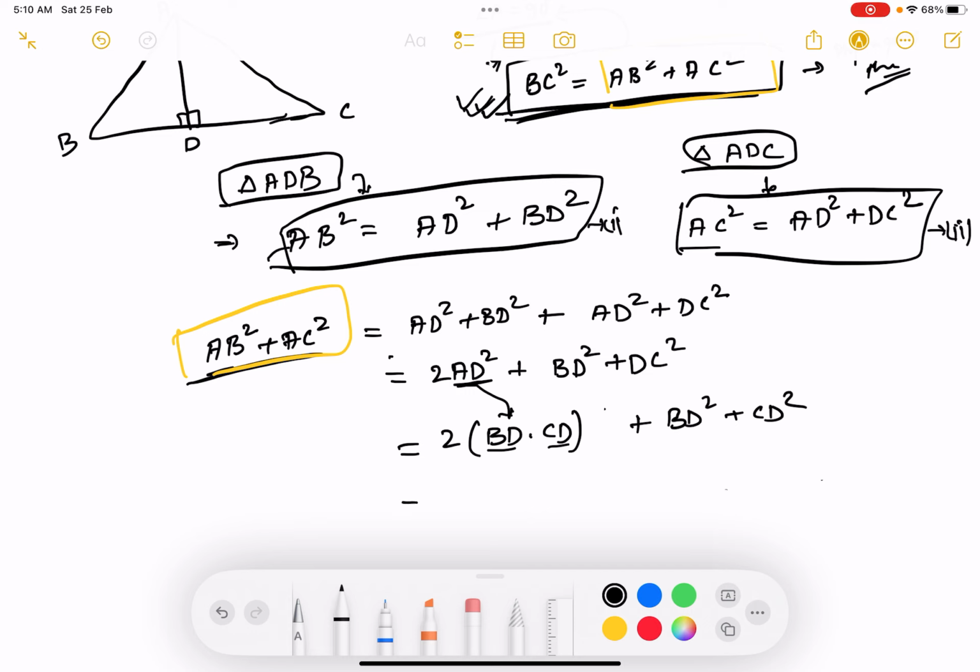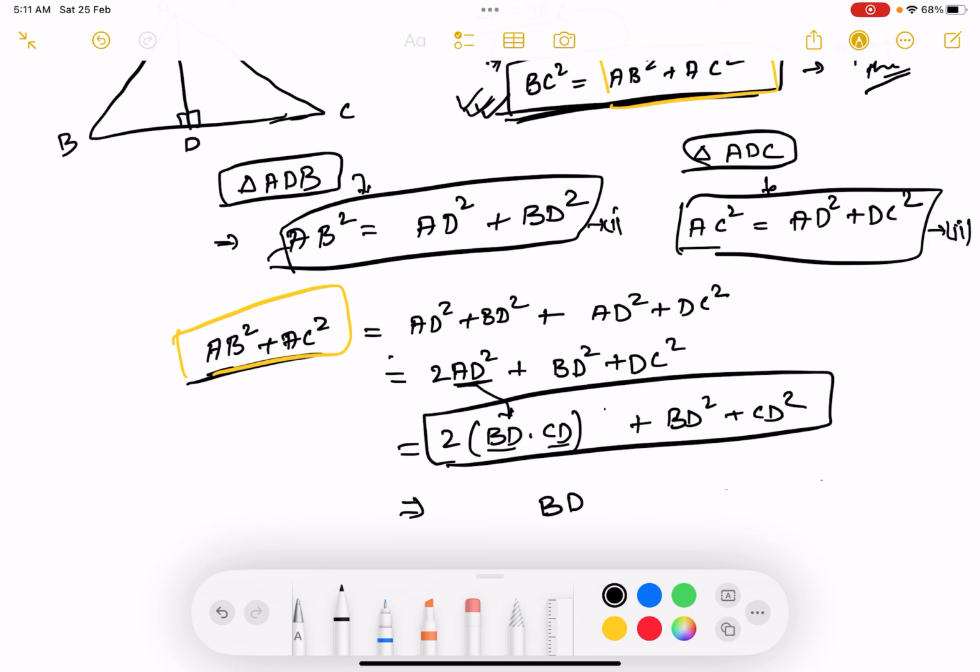From here, this whole term is equal to BD plus CD whole square. If we open this, we get BD square plus CD square plus 2 times BD into CD.